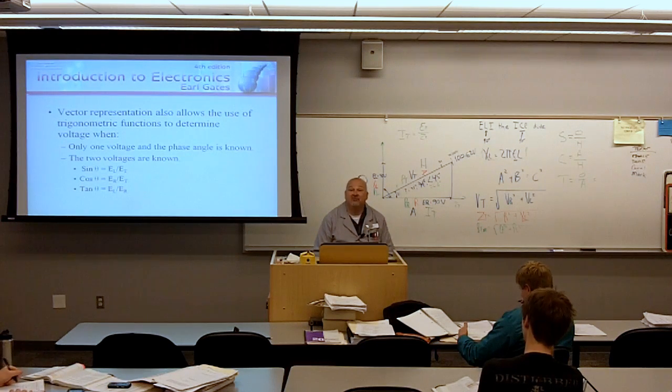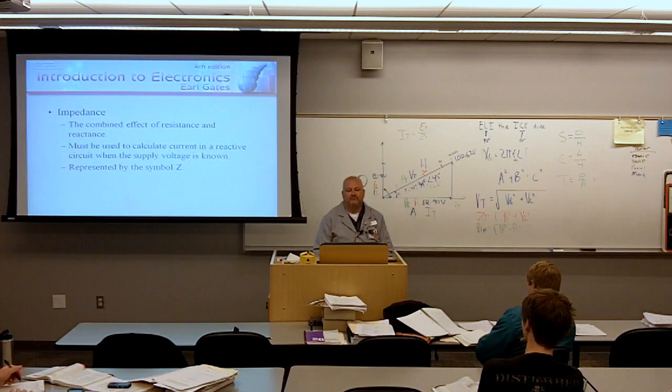If it's 45 degrees, it's perfect. Half resistive, half reactive. Make sense? Impedance, the combined effect of resistance and reactance, must be used to calculate out current in a reactive circuit when the supply voltage is known, represented by the capital letter Z.